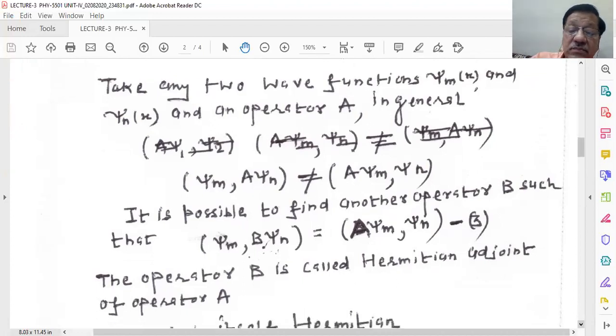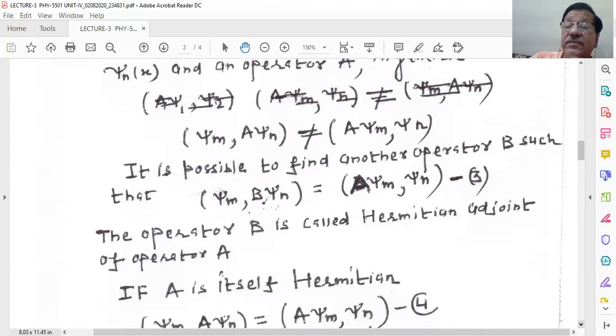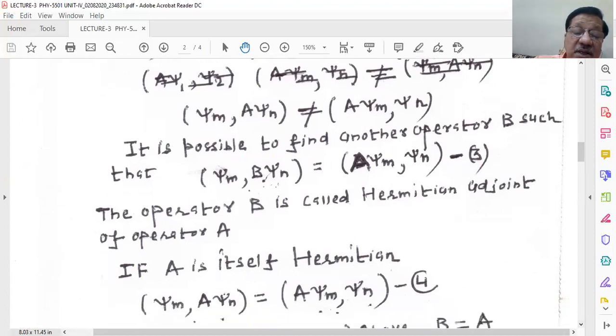And now suppose A, which we have considered, is itself Hermitian. Then you have the scalar product of psi m with A psi n equal to the scalar product of A psi m with psi n. This is the definition. So you see equations 3 and 4: the right-hand sides are the same if A is Hermitian.